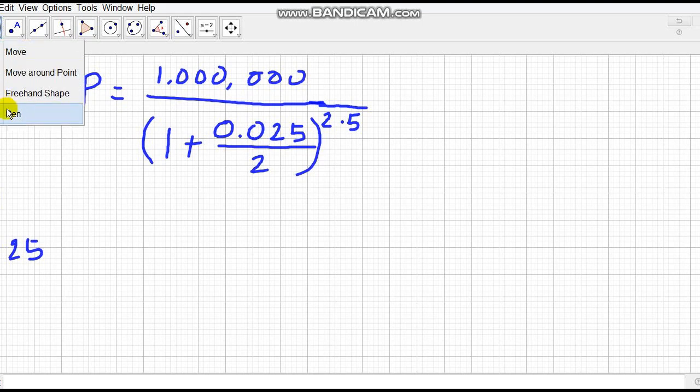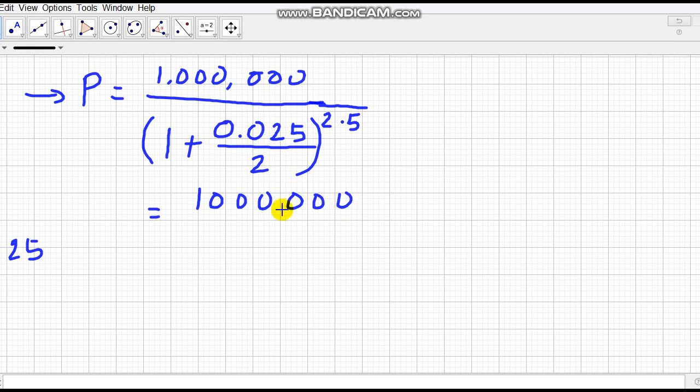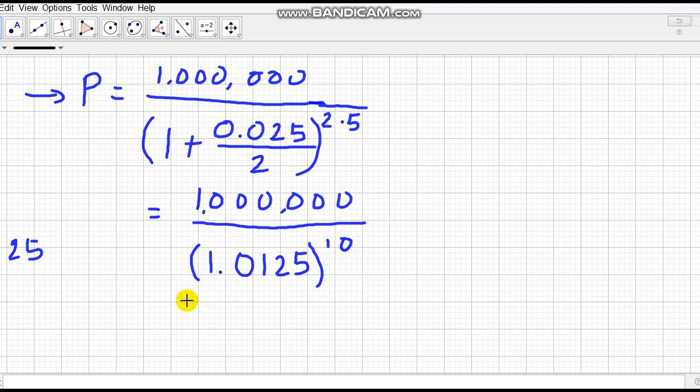So this will be 1 million all over, let's compute 0.025 divided by 2. The value is 0.0125 plus 1, so that will be 1.0125 raised to 2 times 5, that's equal to 10.